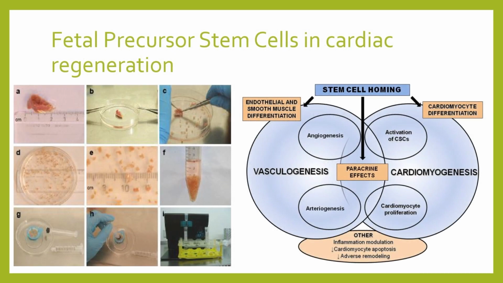Remarkably, most of the predicaments mentioned above can be avoided with fetal precursor stem cells, which, apart from the paracrine effect and vascular neogenesis, also produce a direct homing effect and the ability to be retained in the myocardium up to 20%.